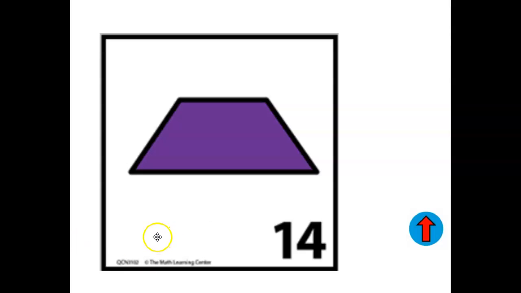A trapezoid has opposite sides that are parallel for one set, and then the other sides are going in different directions. The special thing about being parallel is that the lines will never cross. Here's a line, and here's a line.